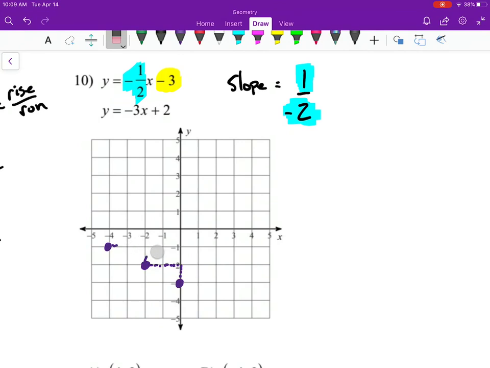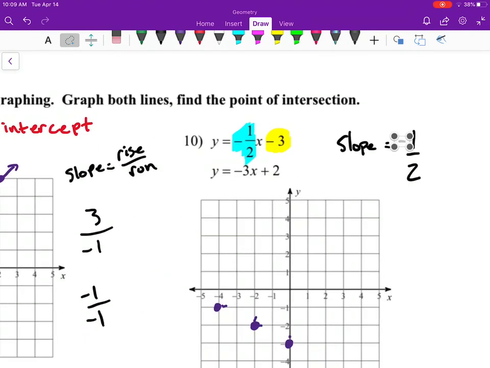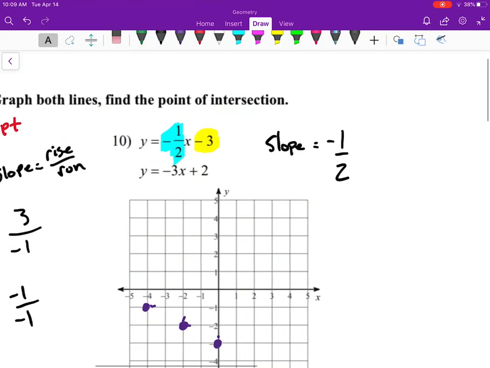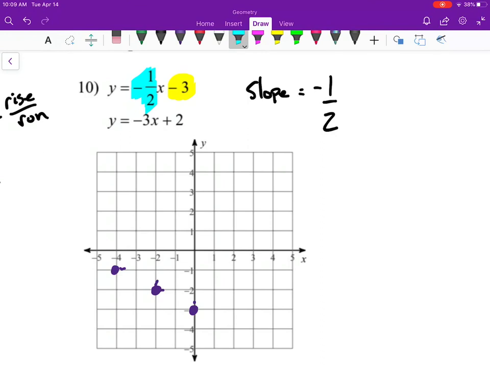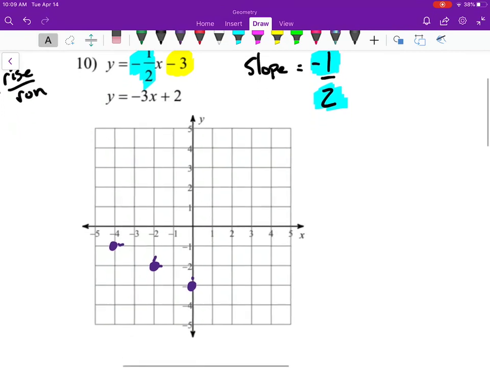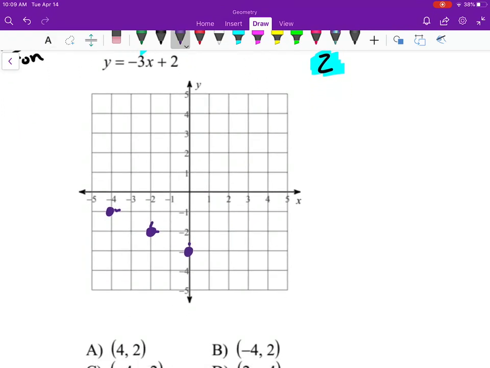Okay? But just to kind of illustrate my point, I'll flip that negative around to the top. Okay, so let's grab that negative, put it up with the rise. Okay, so this time my rise is negative 1. So I'm going to go down 1 and then right 2. Okay, so let's go back to the starting point, the y-intercept.